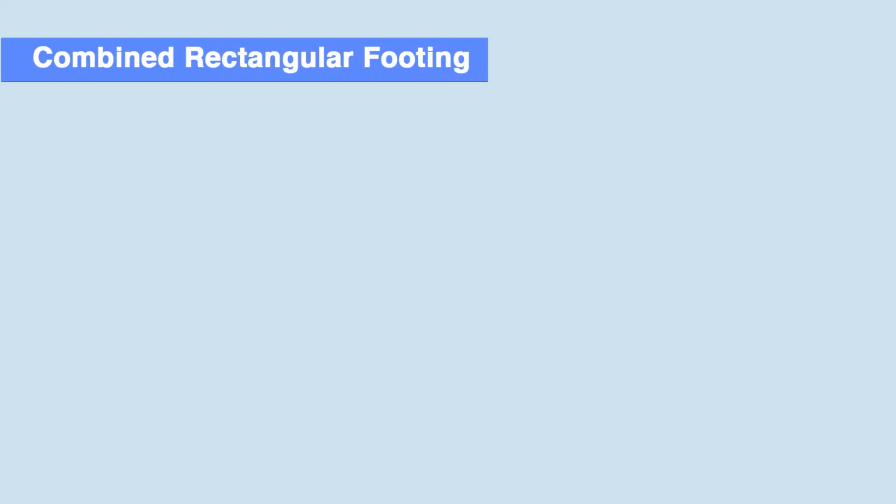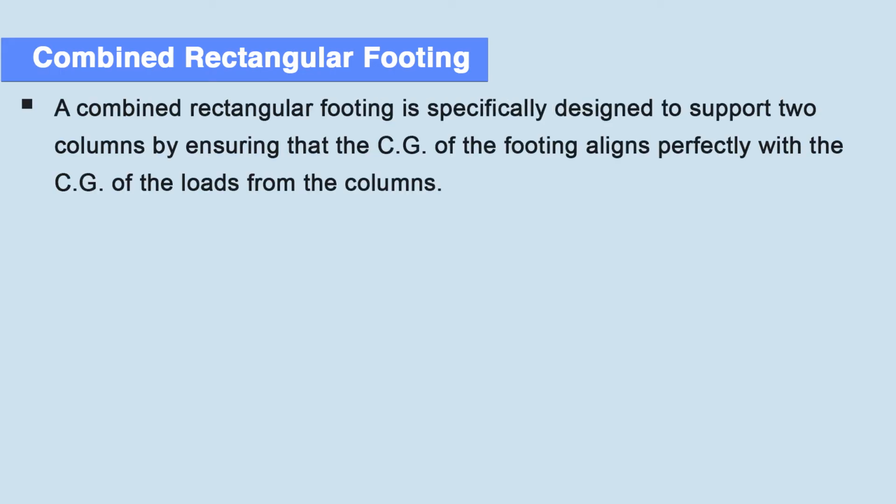Then the next is combined rectangular footing. A combined rectangular footing is specifically designed to support two columns by ensuring that the center of gravity of the footing aligns perfectly with the center of gravity of the loads from the columns.